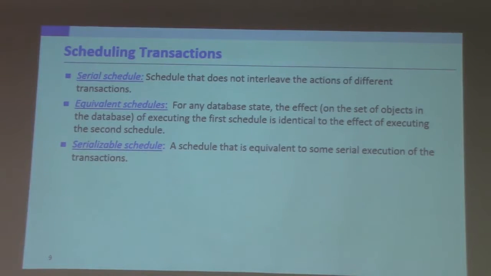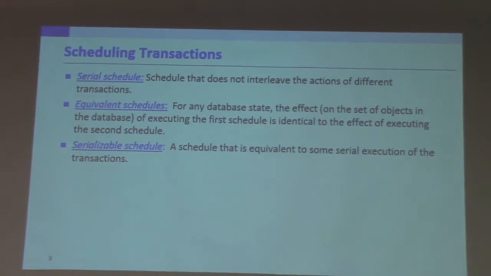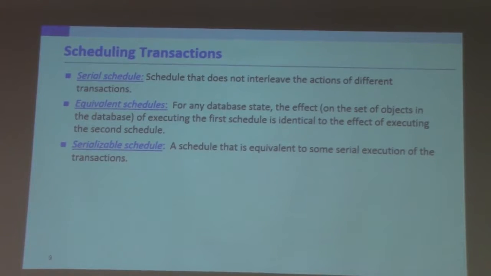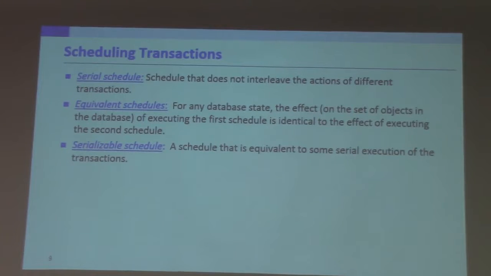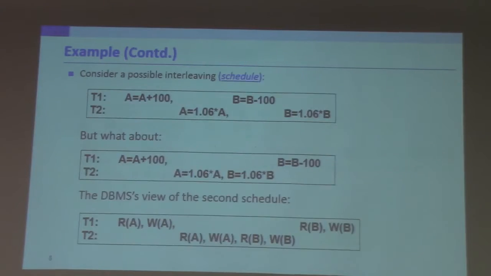With these two concepts in hand, we can introduce the final concept that's really important to our discussion, which is what we call serializable schedule. Serializable schedule is a schedule that is equivalent to some serial schedule. That's the definition of serializable schedule. That means that the first one on top is a serializable schedule. Why?